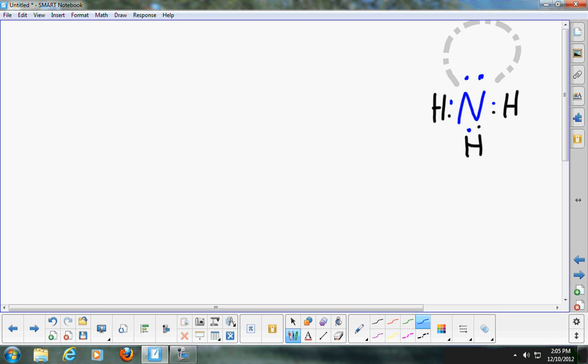Now, has anybody got it built? So we have the blue center, which is nitrogen. And then we have hydrogens like this. Are we doing long bonds?